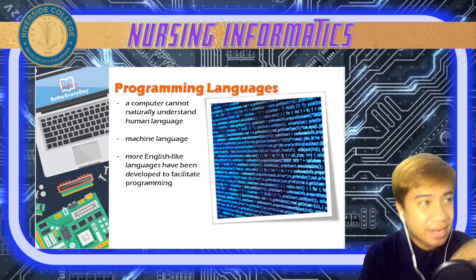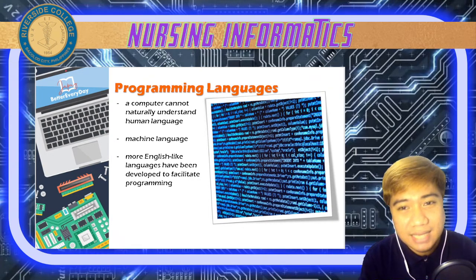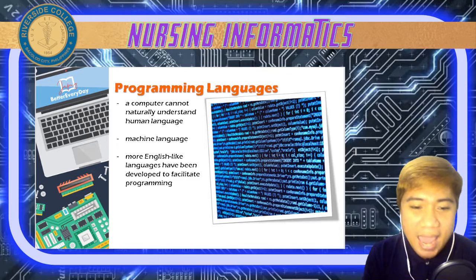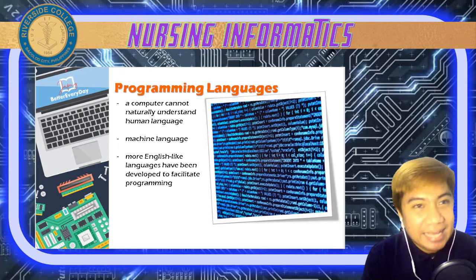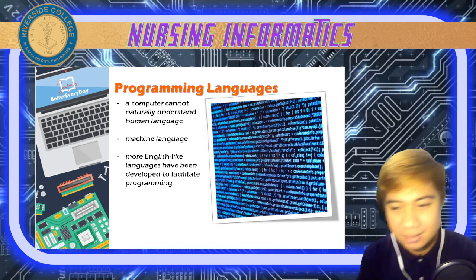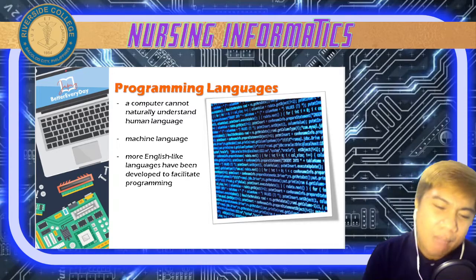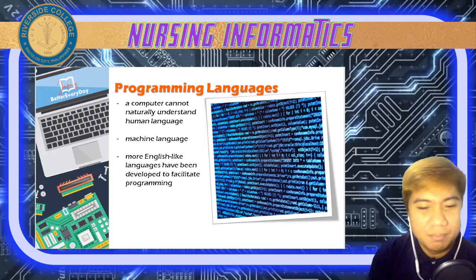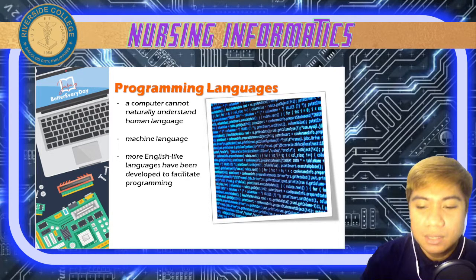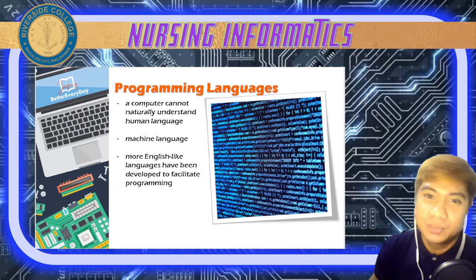Okay, kung nagabudlay, ang iyang language, tawag na siya is levels. And the higher the level class, the more English-like the language is. Okay? So the various languages allows your programmers to develop programs to meet many needs of both the workplace and your personal users.